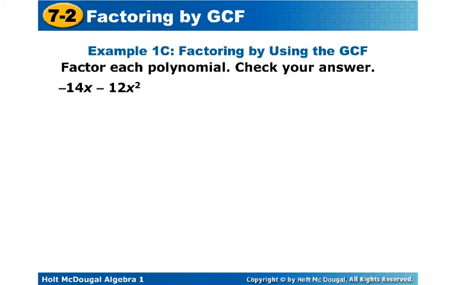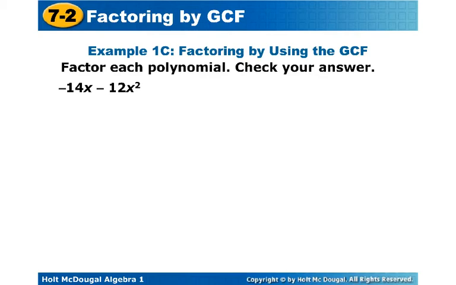So now you have negative 14x minus 12x squared. So again, starting with your numbers, you have negative 14 and negative 12. If I just look at the numbers 14 and 12, well, I know 2 can go into both. I know 7 goes into 14, but 7 can't go into 12.